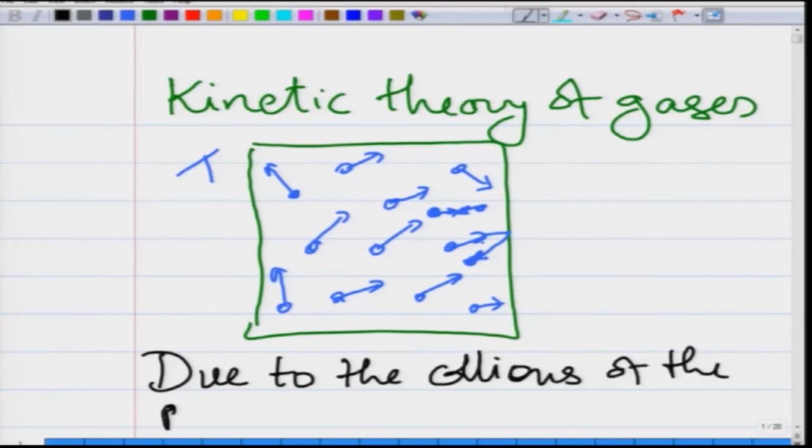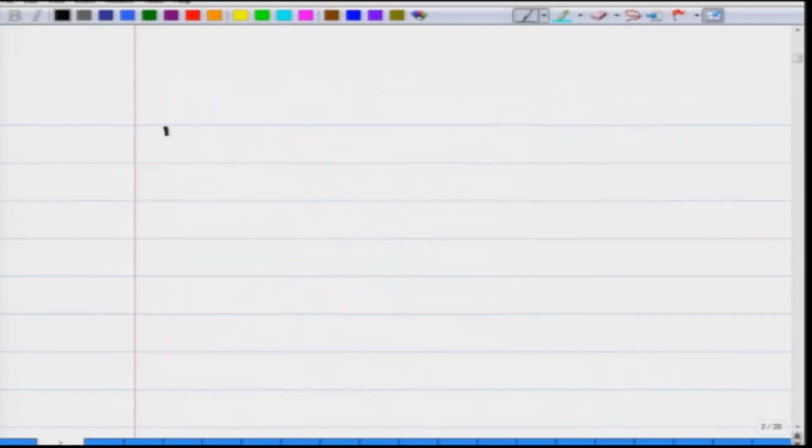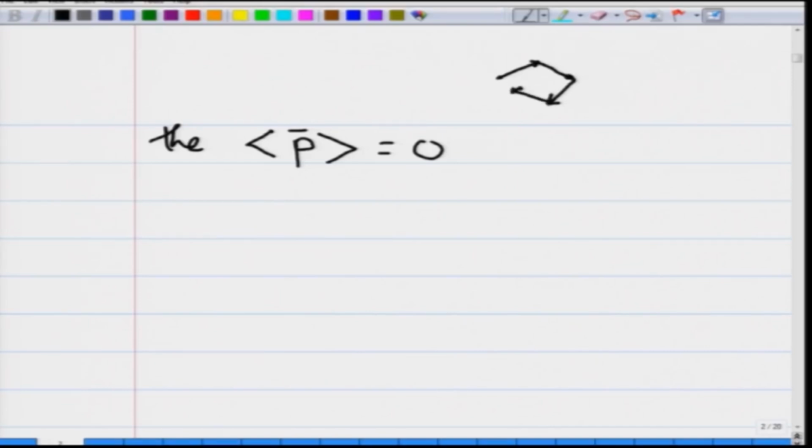Now, due to the collisions of the particles with each other, the net average momentum of the particles is 0. The average momentum of the particles is 0 because a particle which moves will get scattered and will again collide, and again collide, and this process will continue.